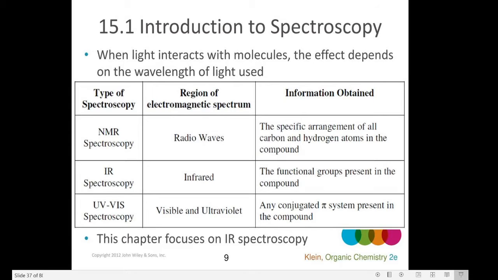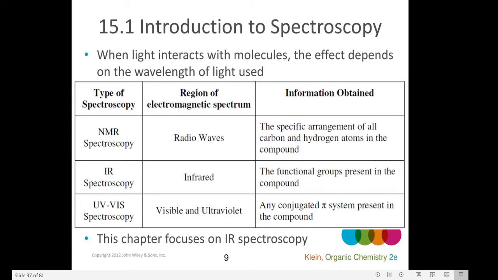Please understand, this is a very important topic that they frequently ask in the CSIR exams. The NMR spectroscopy principle is based on radio waves. This helps to understand the arrangement of all carbon and hydrogen atoms.